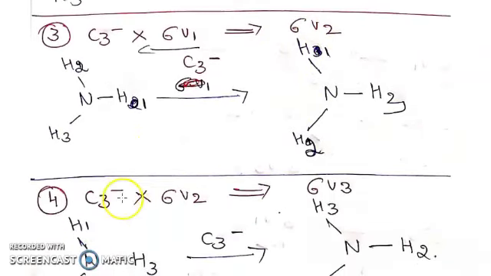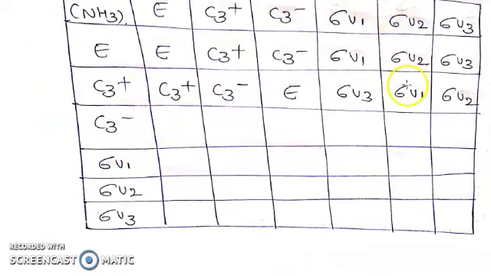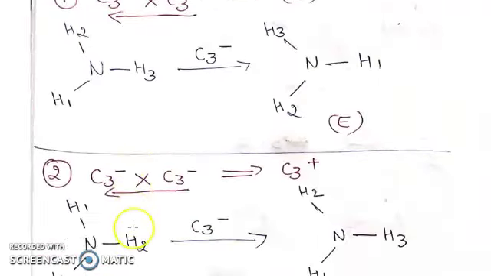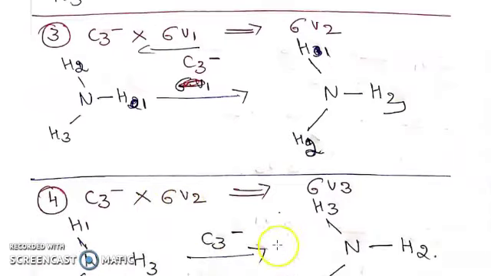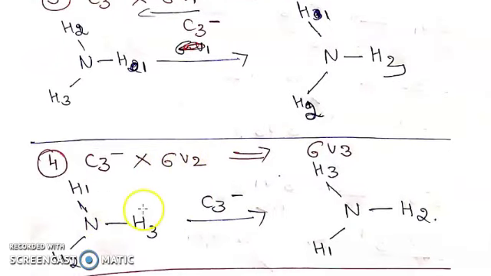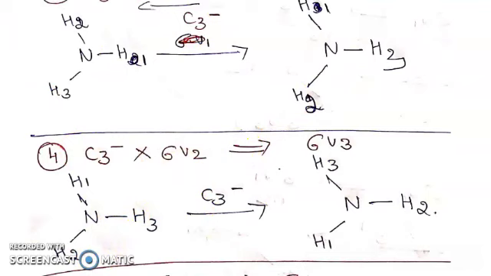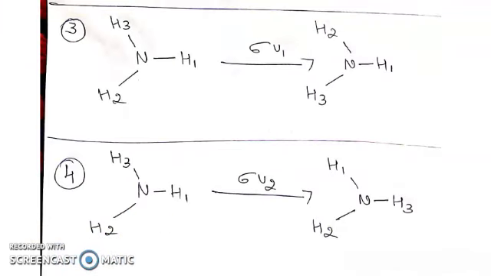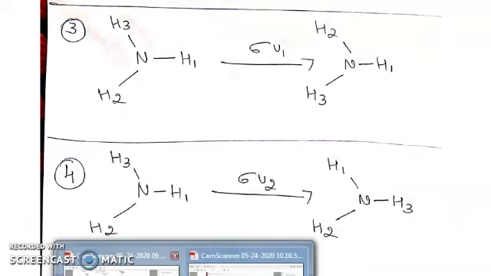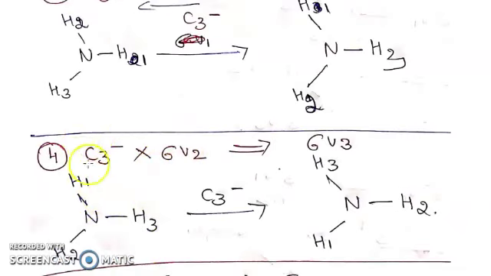First write the sigma V2 molecule. For this molecule, you have to do the C3- operation, a rotation by 120 degrees anti-clockwise. As a result, you will get this molecule, which is nothing but sigma V3.